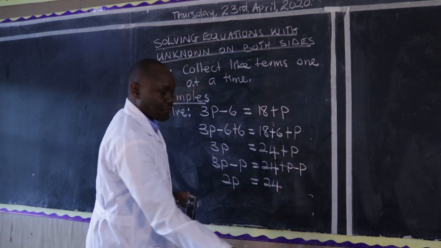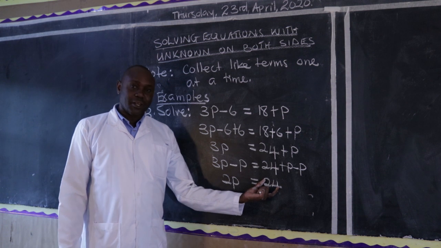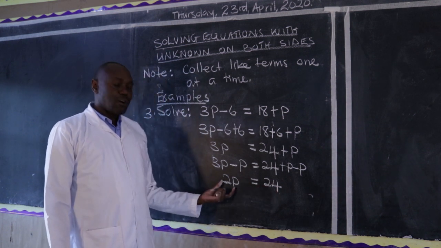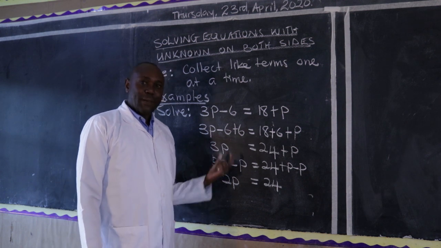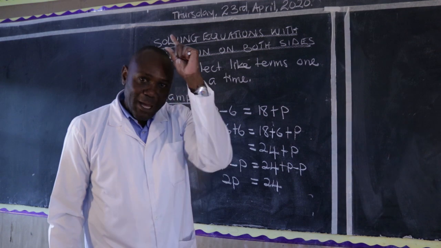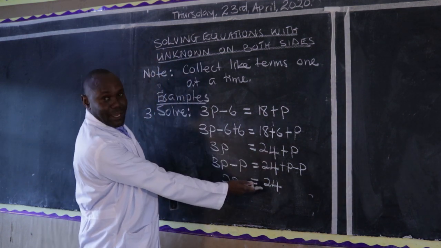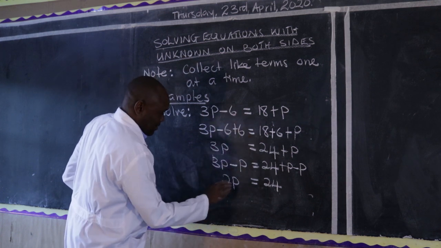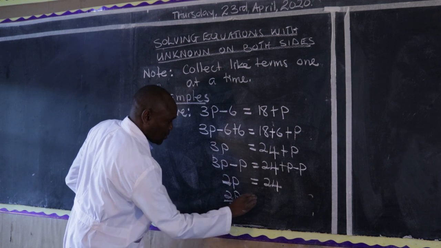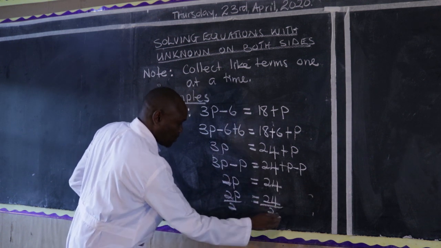P minus p gives you 0. So we have now 2p on this side and 24 on the other side. So the 24 is the value for 2p. But remember, we're supposed to find the value of only what? Only p, not 2p. So if it was 2p, it would have remained there. But there is continuation. So 2p out of 2, it will give us 24 out of 2.